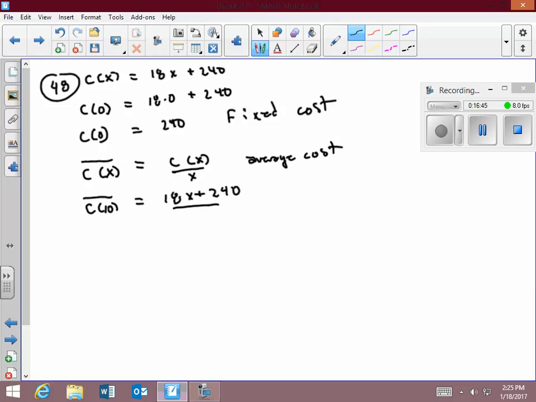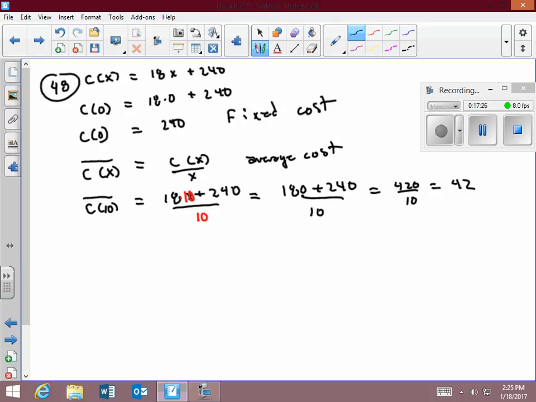But what I've got to do is put 10 in here and 10 down there, right? So this is 180 plus 240 over 10. So is that 420 in the numerator over 10? Did I do that right? 42 cents. When you produce 10 cups of lemonade, it's costing you 42 cents on average to produce it.